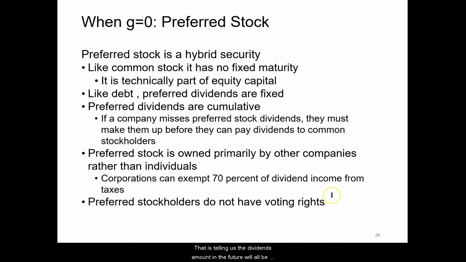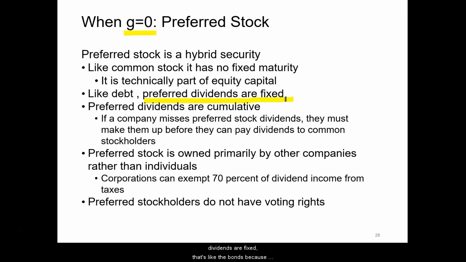$87.20. Now let's think about a special case when g is 0. When g is 0, then dividends are growing at 0% growth rate every year. That is telling us the dividend amount in the future will all be the same. That's actually the case of preferred stock dividends, because preferred stock dividends actually are fixed, same amount all the time.